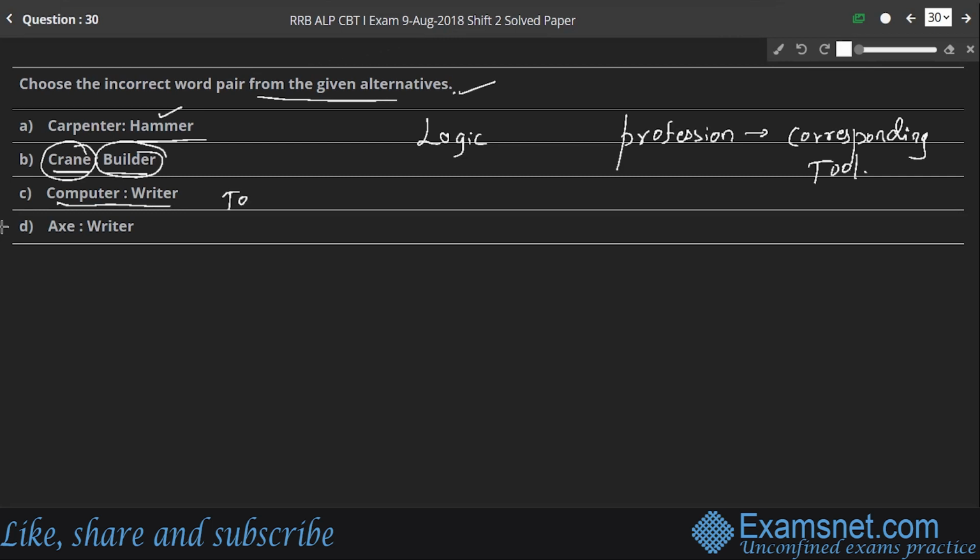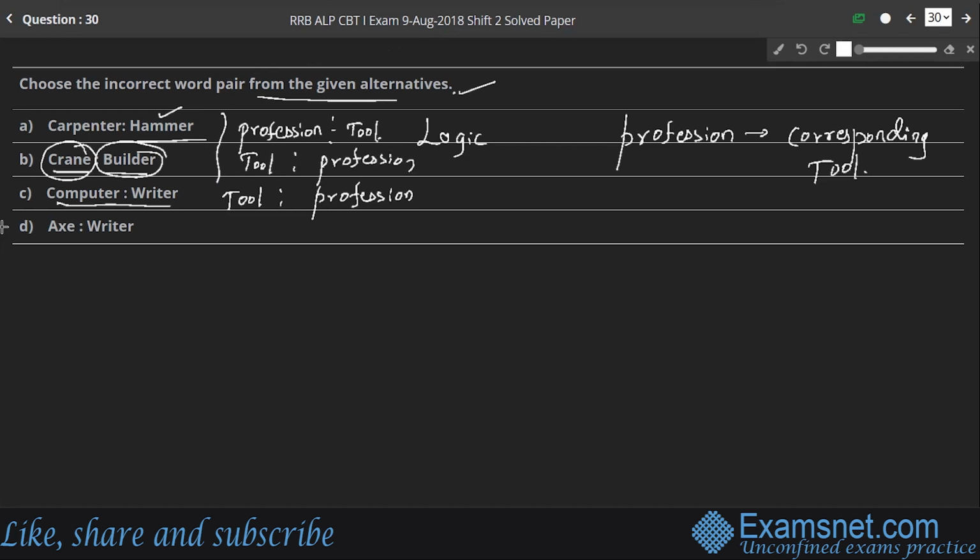Computer is a tool and writer is a profession. And the first two options also: carpenter is a profession and hammer is the corresponding tool. Crane is a tool and builder is a profession, right?